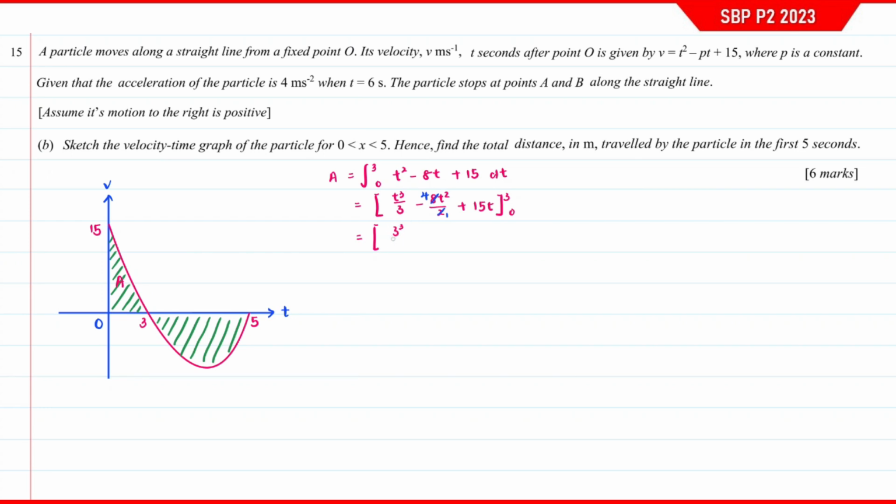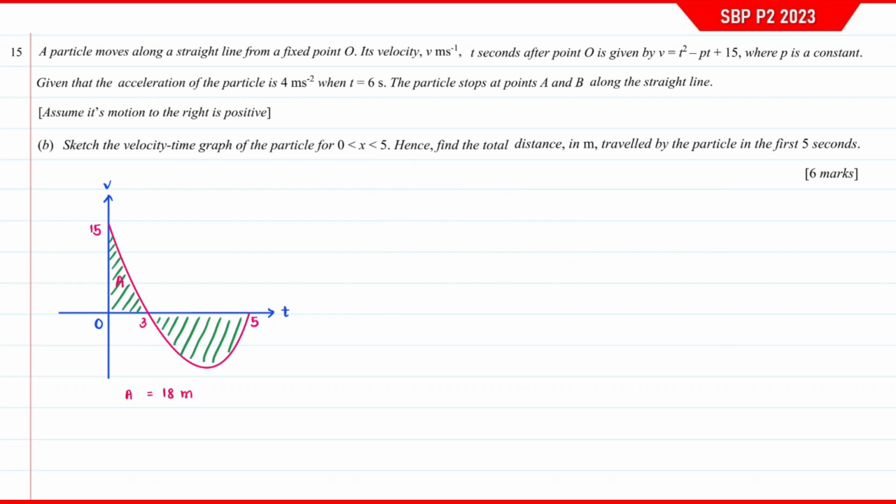So here, 3 cubed over 3 minus 4 times 3 squared plus 15 times 3, minus 0 cubed over 3 minus 4 times 0 squared plus 15 times 0. So the answer here will be 18 minus 0, which is equal to 18. So from 0 to 3, the particle travels 18 meters.